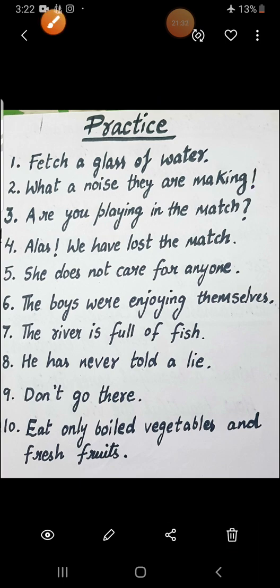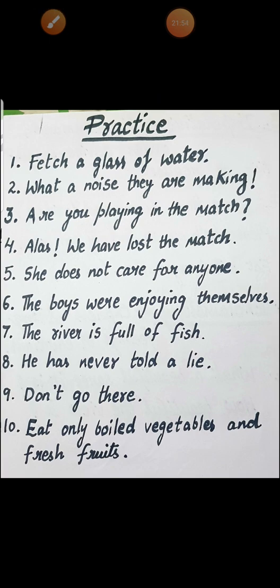Then third one, are you playing in the match? Question mark. Fourth is what? Alas! We have lost the match. Fifth is what? She does not care for anyone. Sixth is what? The boys were enjoying themselves. Seventh is what? The river is full of fish. Eighth is what?